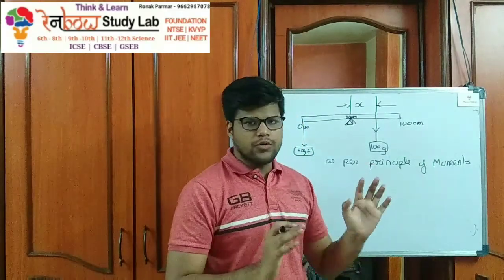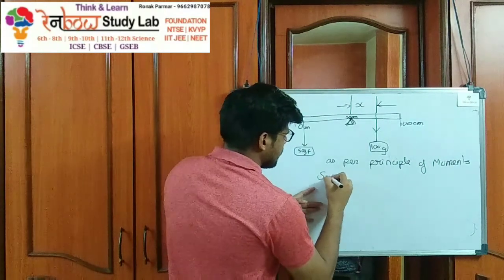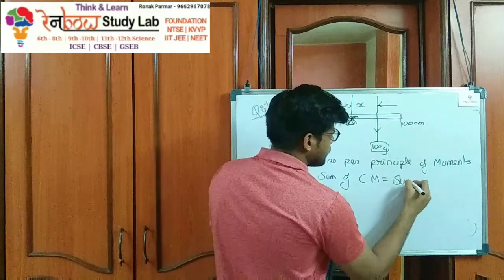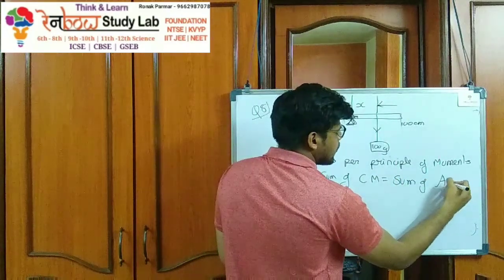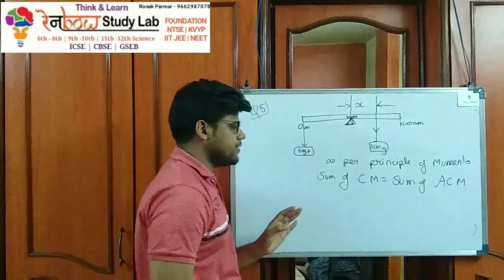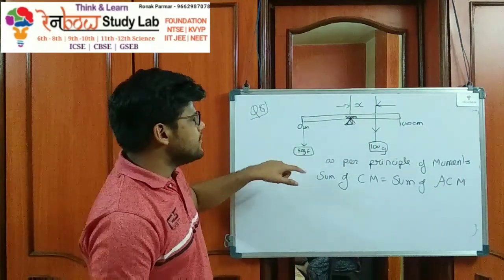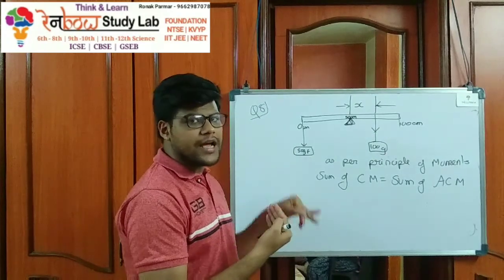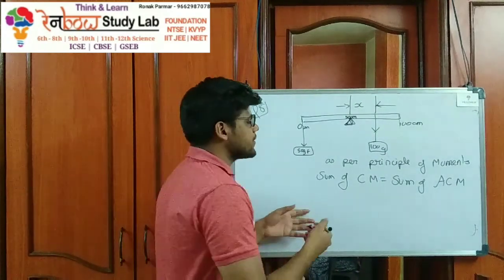As per the principle of moments, the sum of clockwise moments is equal to the sum of anti-clockwise moments. Here this 50 gf on the left hand side and downwards will create an anti-clockwise moment.